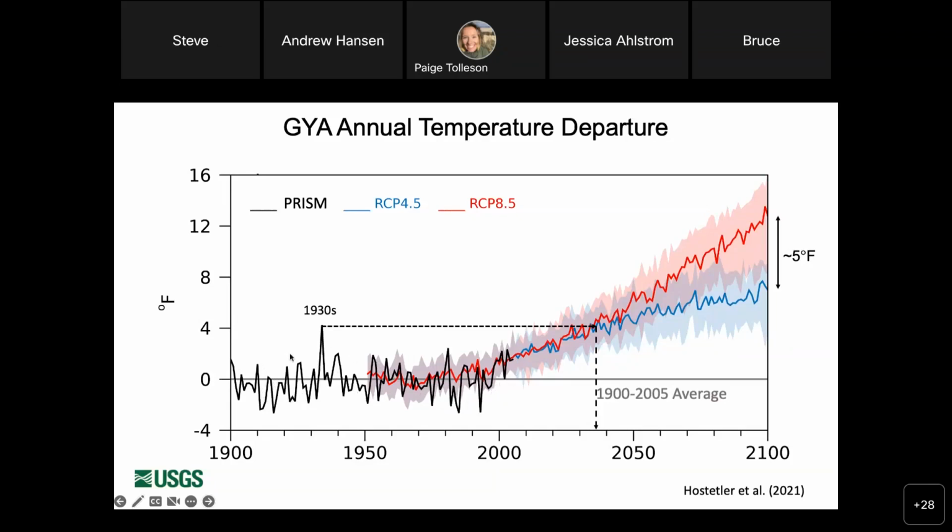This is the variability in temperature over the GYE in the observations. The red line is the RCP 8.5 scenario temperatures. The heavy red line is the median temperature for 20 climate models, and the envelope is the 10th and 90th percentile spread in those models.